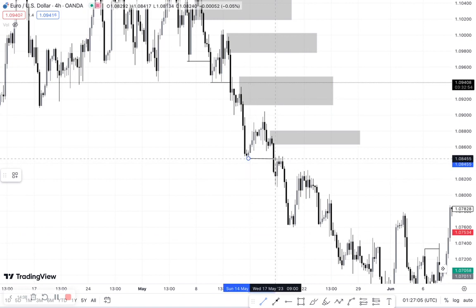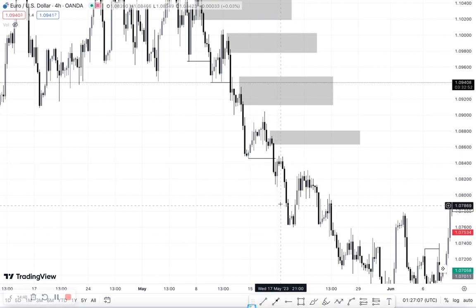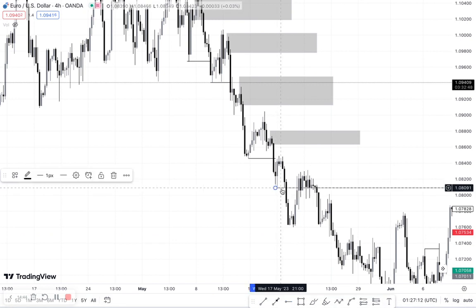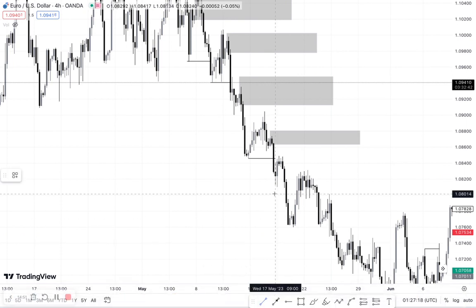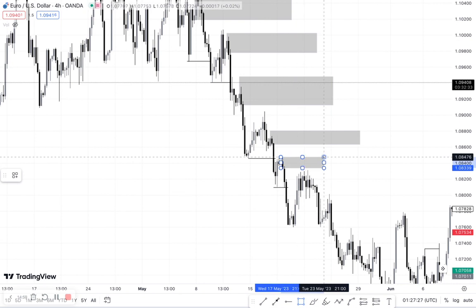So we are having a break of structure here, right? So we had another break of structure here again, and another break of structure here again.